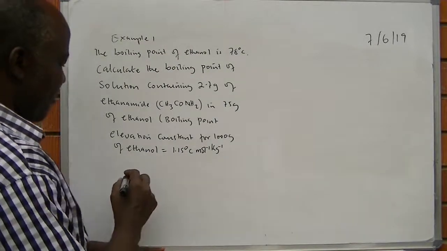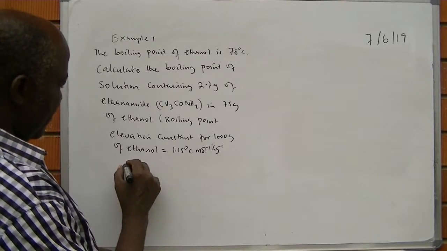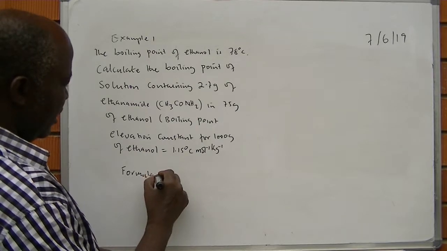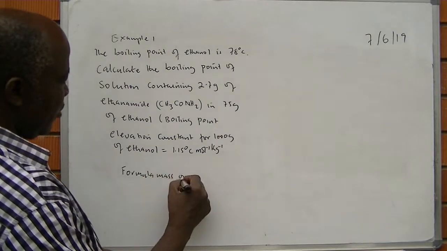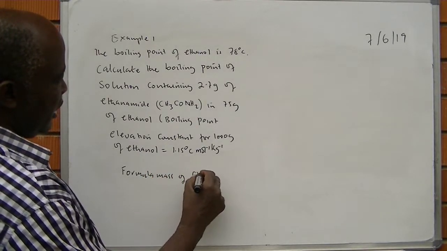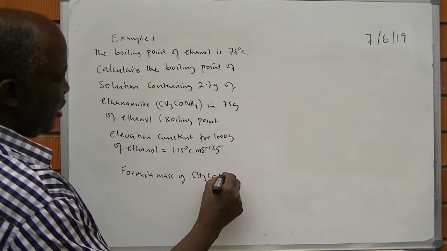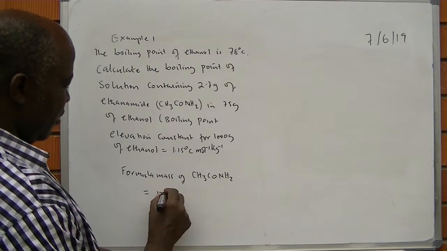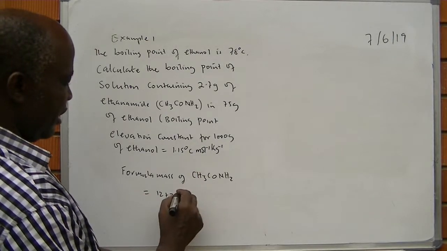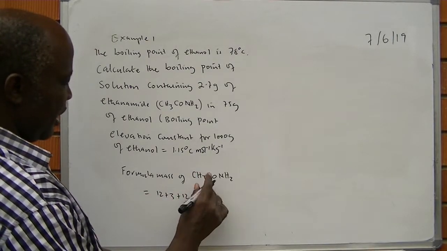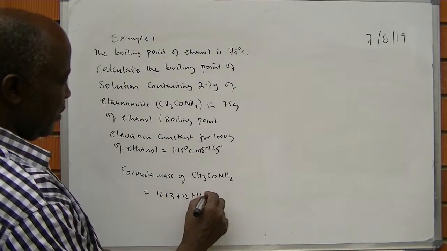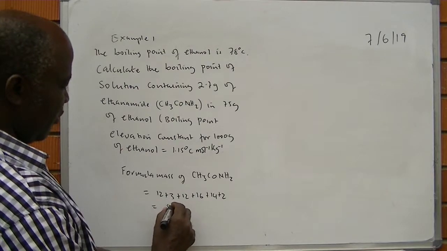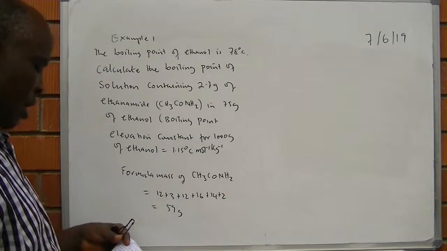First we get the formula mass of ethanamide. Formula mass of CH3CONH2 will be equal to 12 plus 3 for hydrogen plus 12 plus 16 plus 14 plus 2, and this is equal to 59 grams.